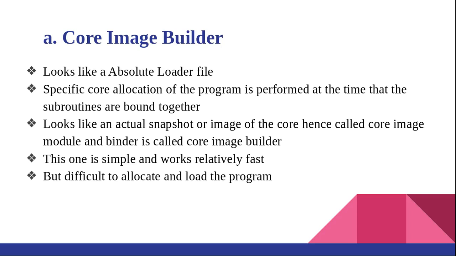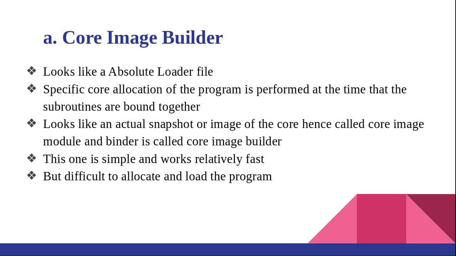In this method, specific core allocation of the program is performed at the time that the subroutines are bound together. Whenever we want to bind our subroutines into the main program, only at that time we will be allocating the space in the core for those programs.